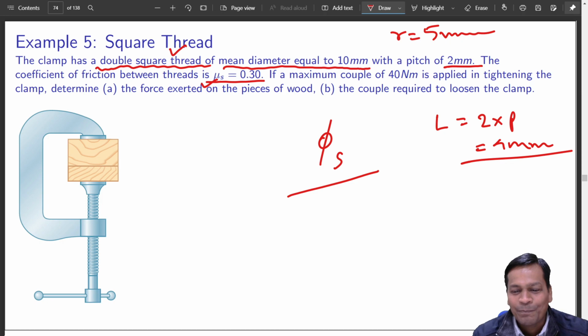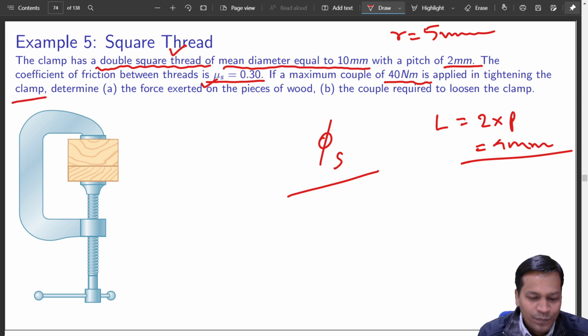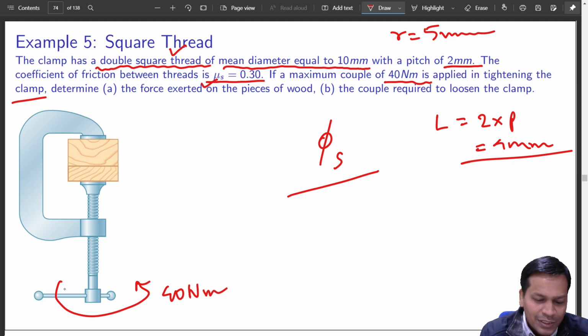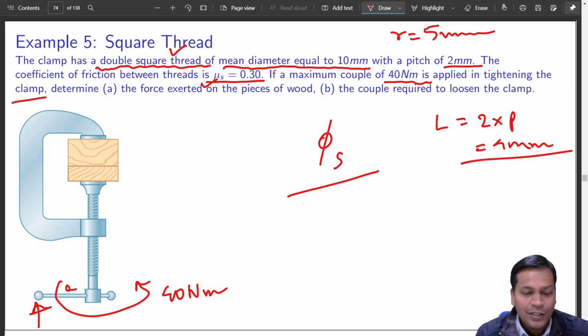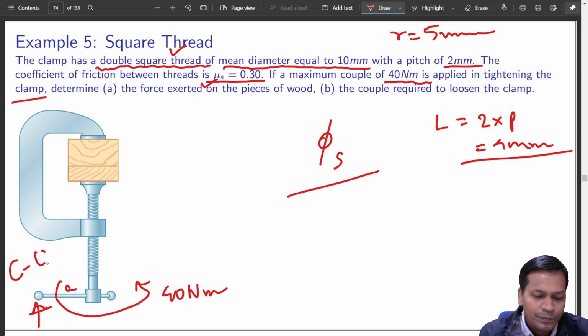Now the maximum couple of 40 Newton meter is applied in tightening the clamp. So this moment that is externally applied is 40 Newton meter. Forget about this length A or the force that a person may be applying over here. So this is what a C clamp is.